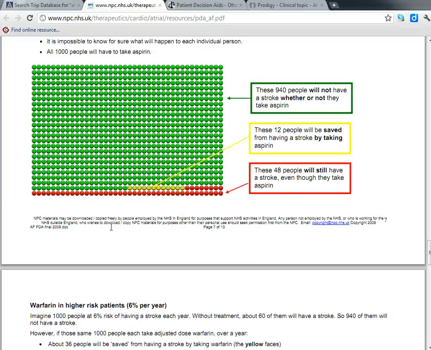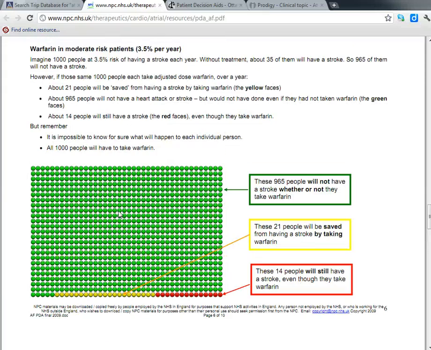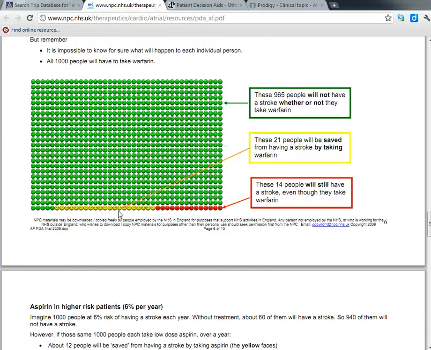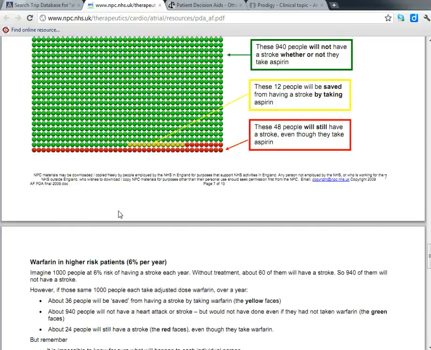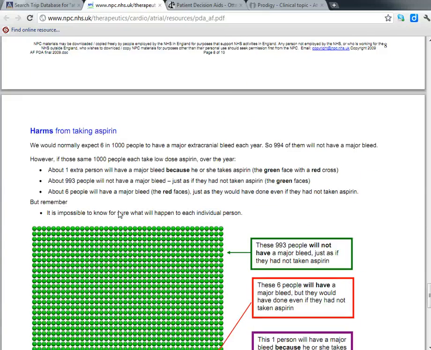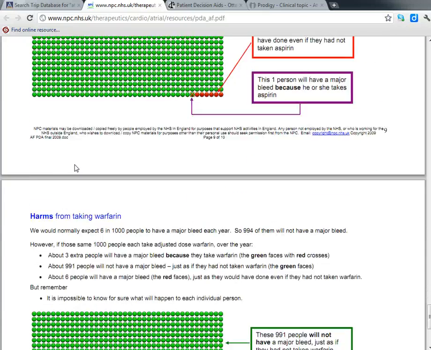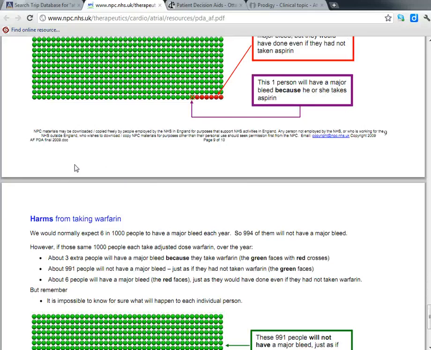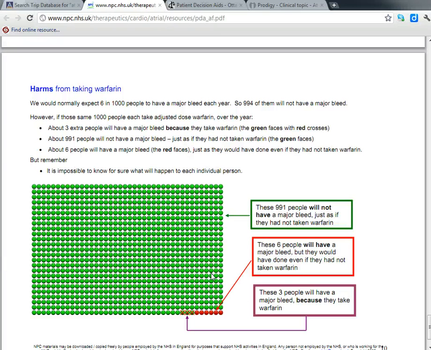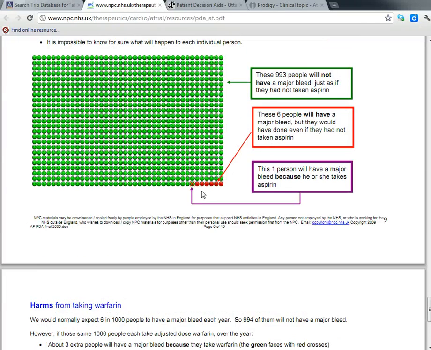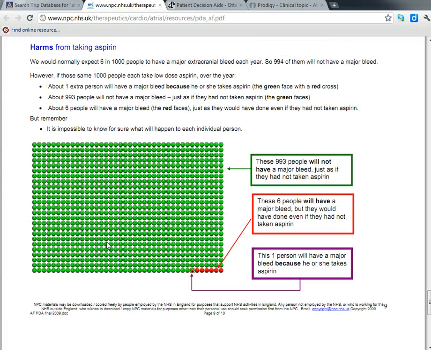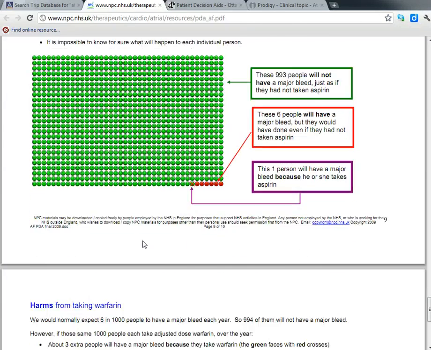What was very interesting was that I'd assumed that for the patient it was a trade-off of whether it was actually worth taking the warfarin for the amount of inconvenience. But when we got further into the harms from taking aspirin and warfarin, we could see that there were 3 patients out of 1,000 who would have a major bleed because they were taking warfarin, while only 1 out of 1,000 would have a major bleed because of taking aspirin.